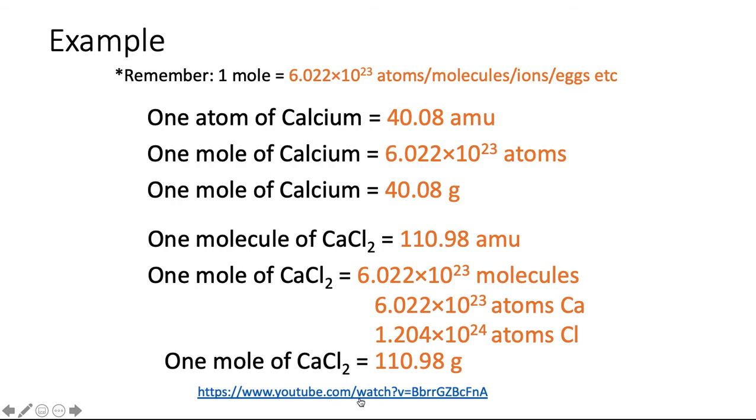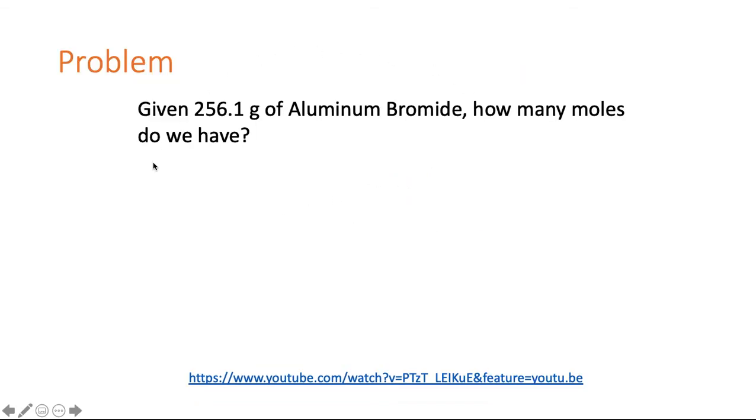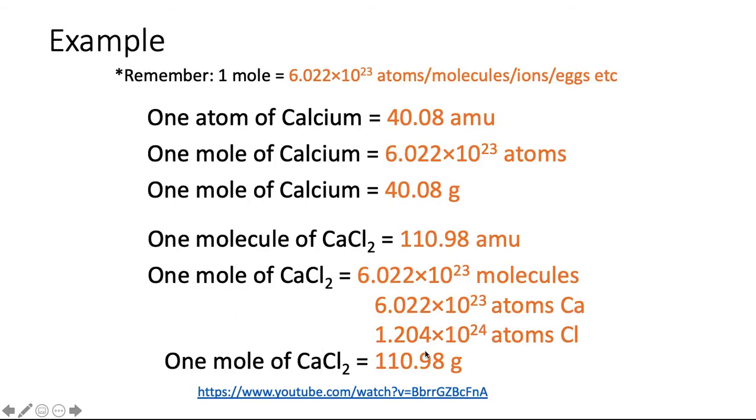We can follow this method to calculate the mass of any compound. We will do a bunch of these problems in class, but I wanted to show you this example. And then the rest of the slides have problems where we have to use the molar mass, which is the mass in grams of 1 mole of a substance.